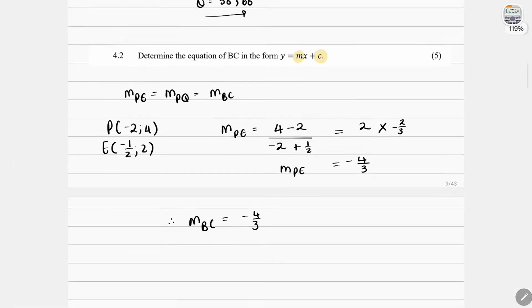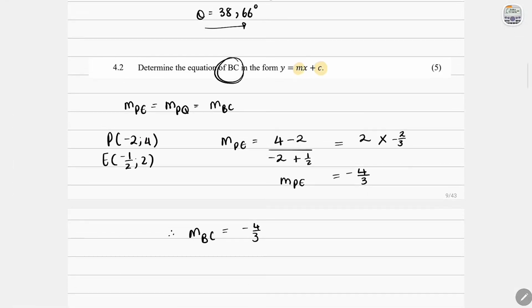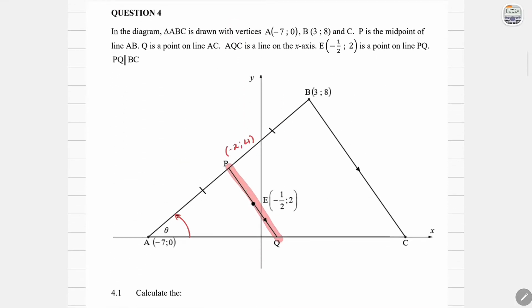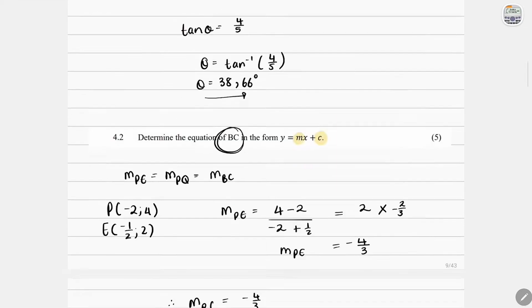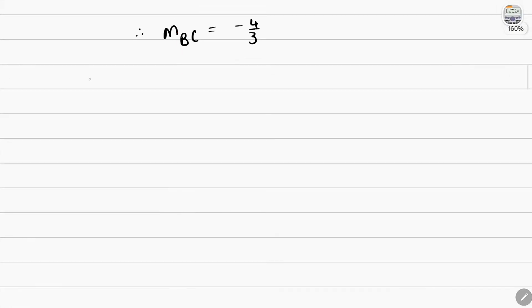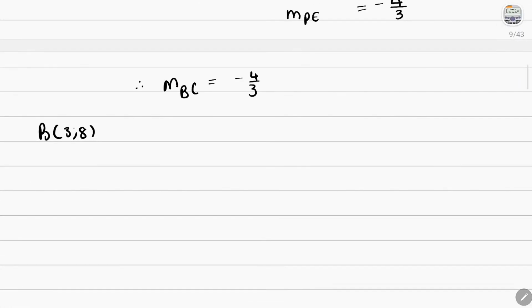And to find the equation now of BC, we need one point that lies on BC. Their gradients are the same. Now to find this equation, you can simply use B since this lies on BC. So that's 3 and 8. You can either use y equals mx plus c, or you can use this formula.